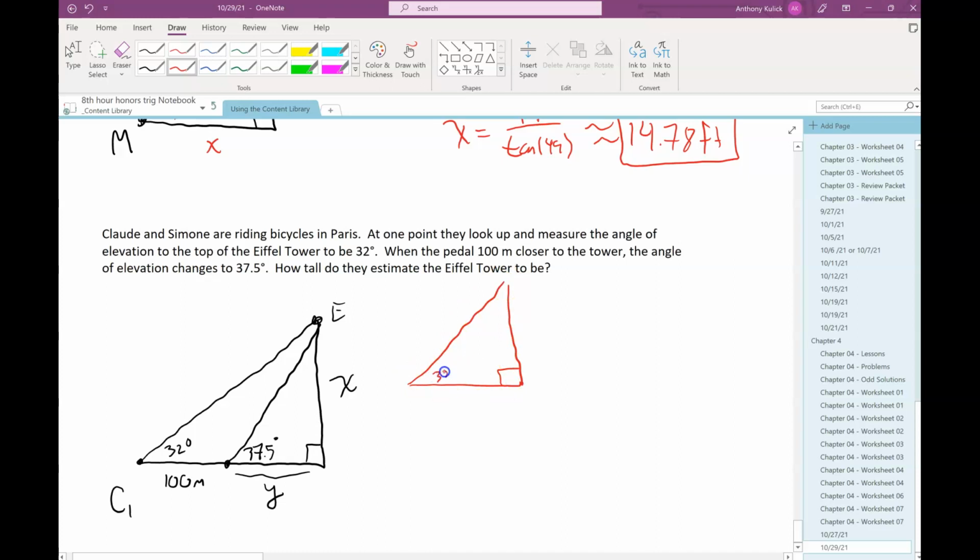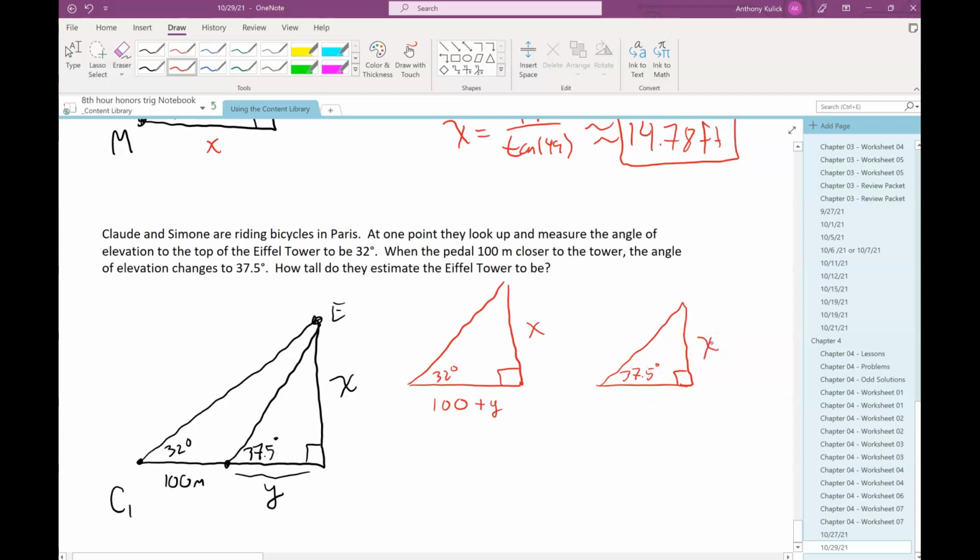So if this side is 32, that side is x. What is the adjacent side here got to be? 100 plus y, right? If I draw my other right triangle, 37.5 degrees, that side is x.